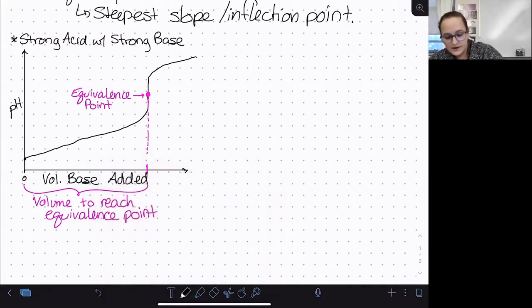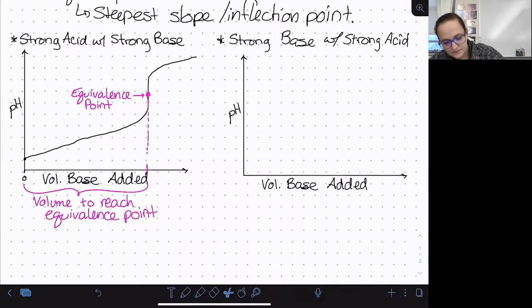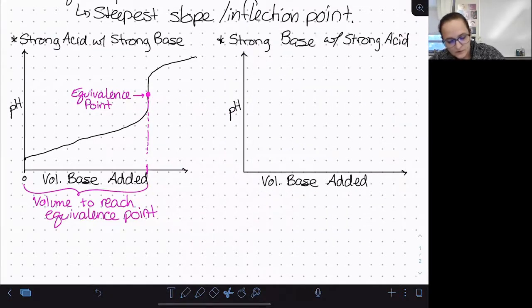If we are starting with a strong base solution and titrating it with a strong acid, we would get essentially the same thing flipped upside down. So since we're starting with a strong base, we would expect to start out with a pH that is high.